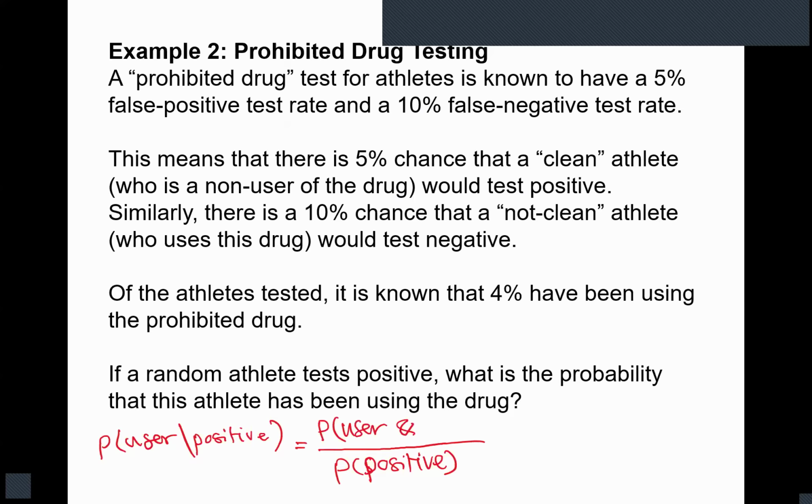In our joint probability table, we already have this: 0.036. So this gives me 0.4286. This is the final probability that we need to calculate.